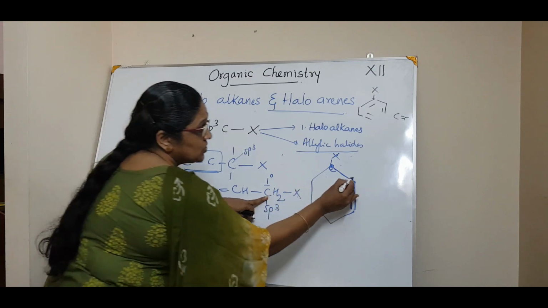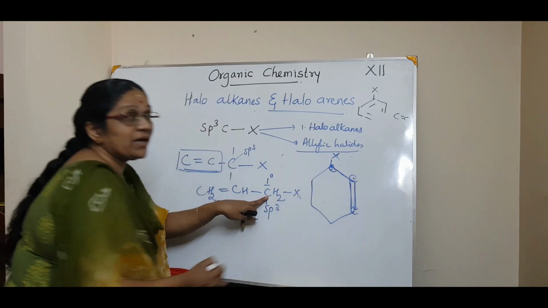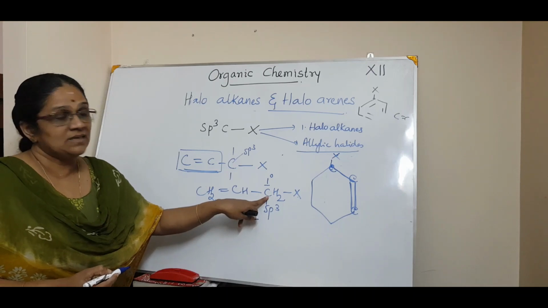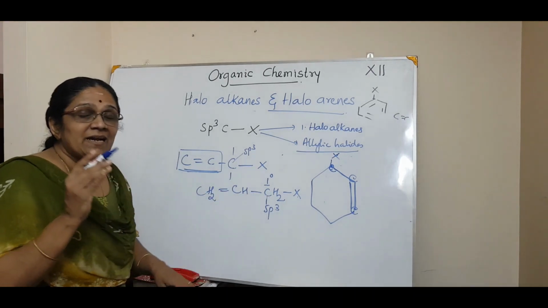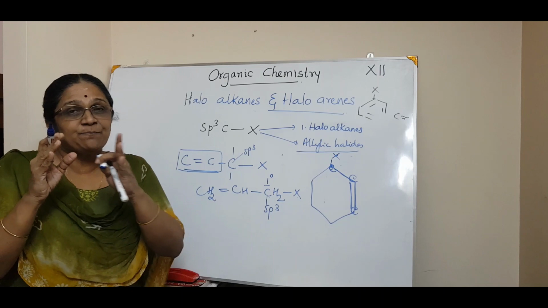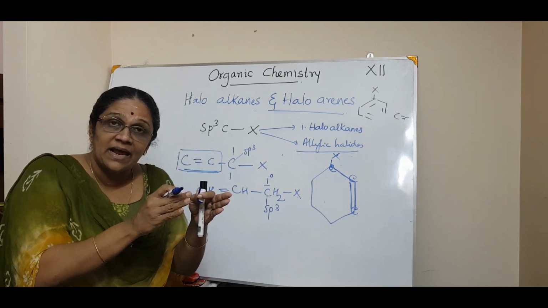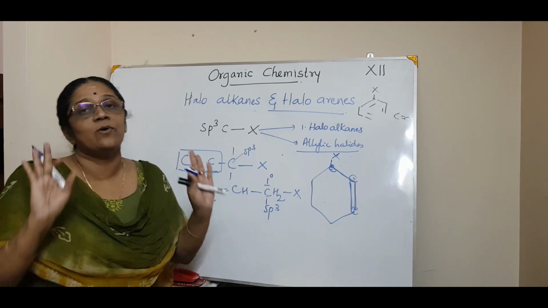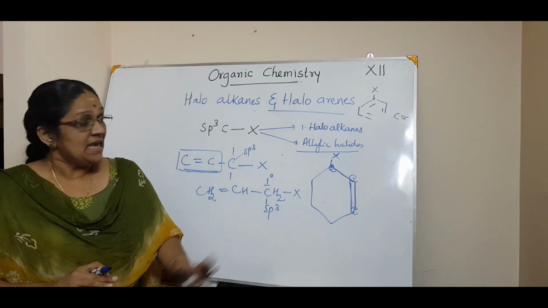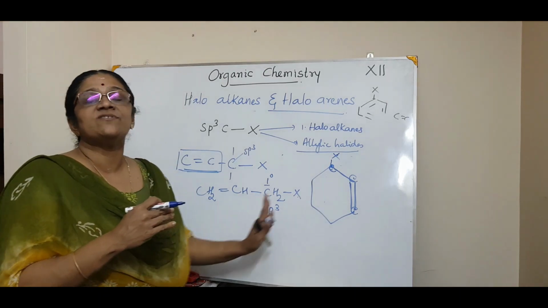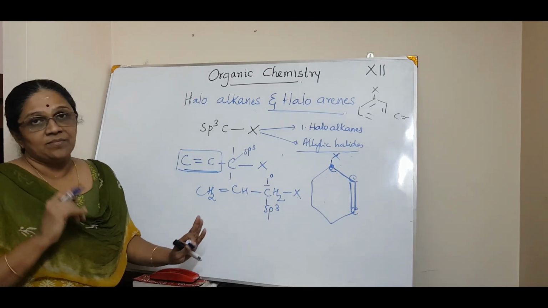So, in haloarenes also you can have this type of allylic halides. Listen carefully. Allylic halides means nothing but the sp3 carbon is attached to another carbon having a carbon-carbon double bond. That's it.